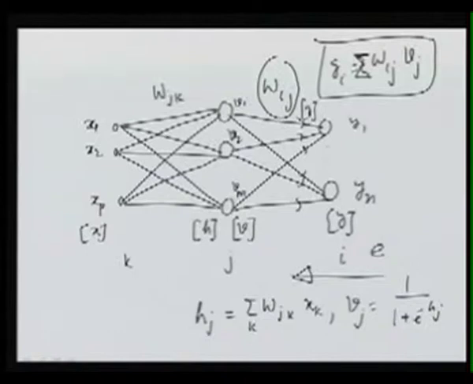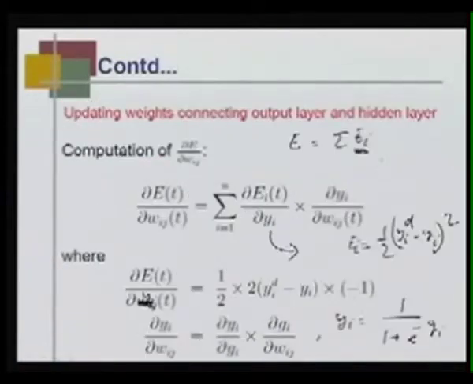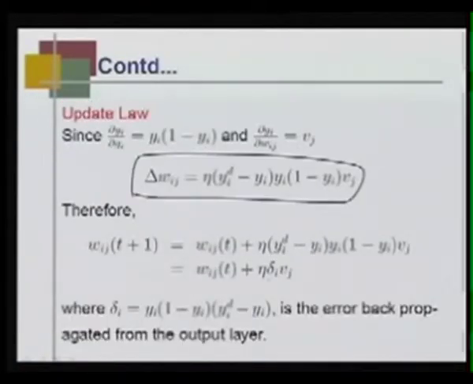The back propagated error is represented as delta_i, which is the error back propagated from the output layer, defined as y_i times (1 minus y_i) into the error at the output, (y_i^d minus y_i).